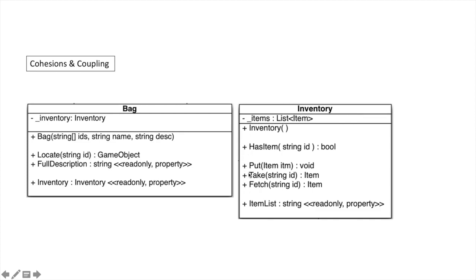So bags are able to put items, are able to take items, are able to fetch items, but it doesn't have direct access to the item list on the private field. This is what keeps it low coupling, and it will make things easier later on when we want to modify the code.